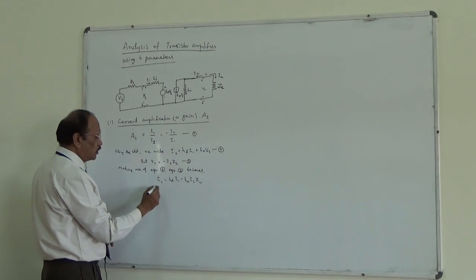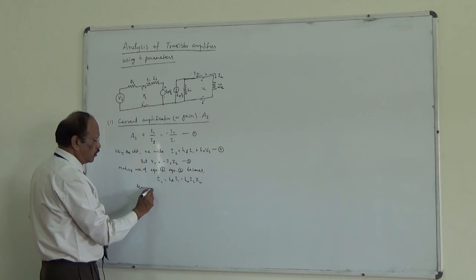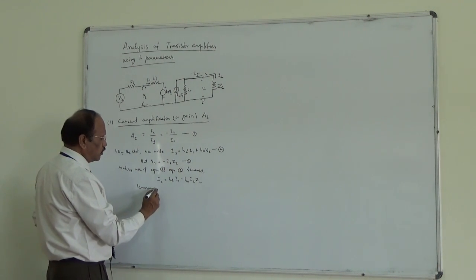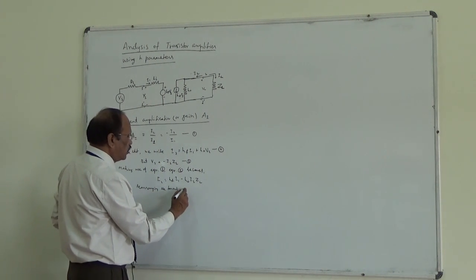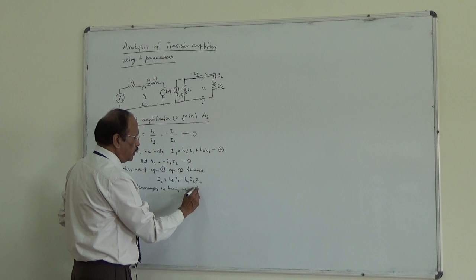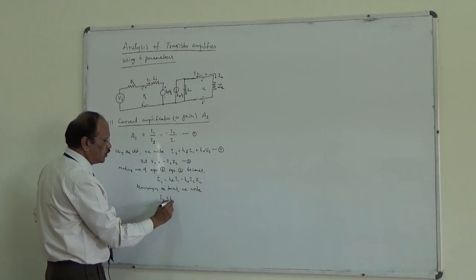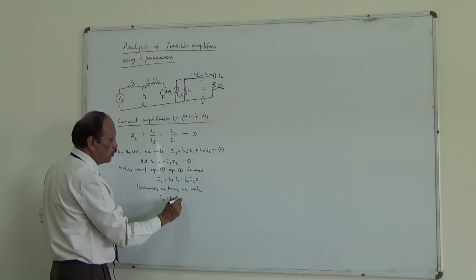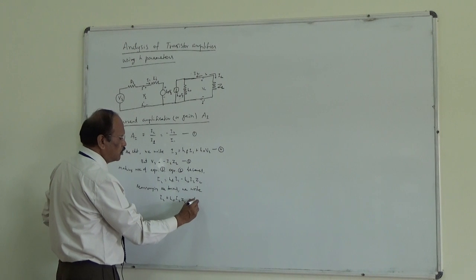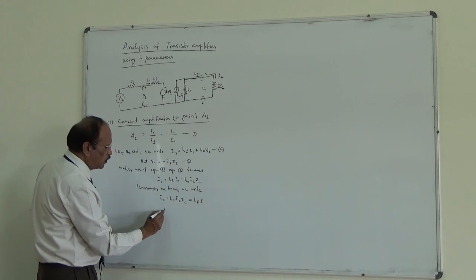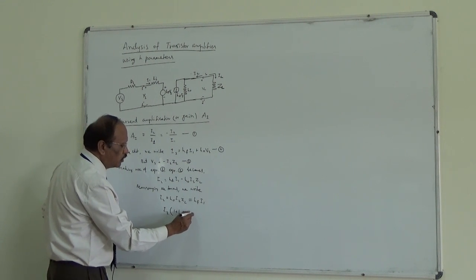So rearranging the terms, we write I2 plus H0 into I2 into ZL, that I bring to the other side, right-hand side, is equal to HF into I1. So I2 is common: I2 into 1 plus H0 into ZL is equal to HF into I1.